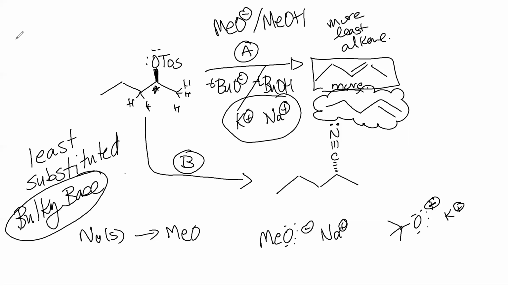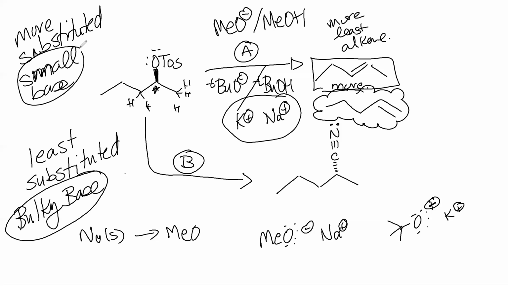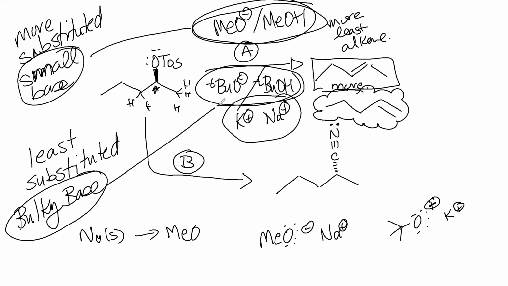And for the more substituted, you want to use the small base. Two examples of a small base are methoxide in methanol; for the bulky base, tert-butoxide in tert-butanol. There are other big bases.